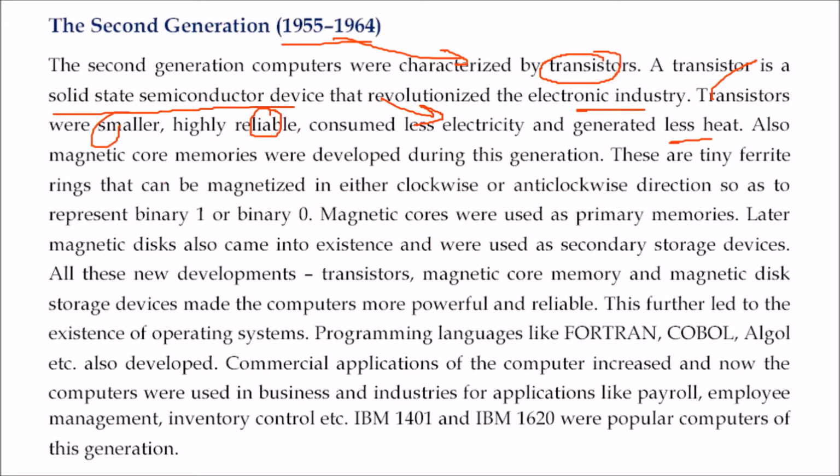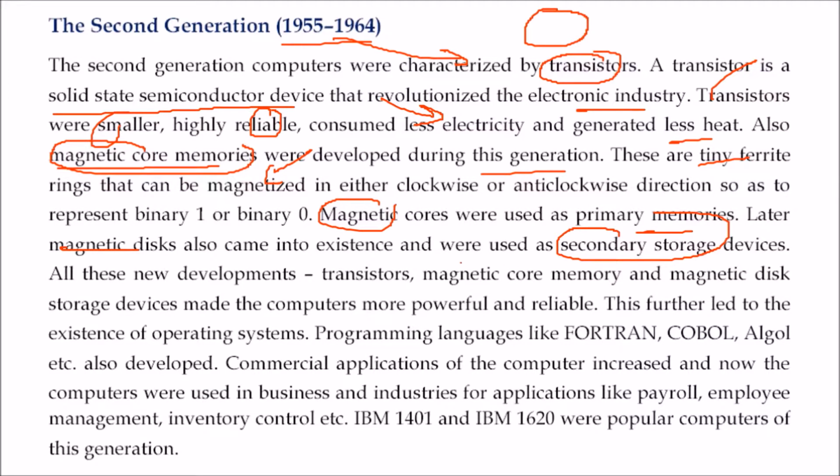Also, magnetic core memories were developed during this generation. These magnetic core memories were tiny ferrite rings, which can be magnetized in either clockwise or anti-clockwise direction, and binary 1 and 0 can be stored here. These magnetic cores were the primary memories. Then the magnetic disk came into existence and was called a secondary storage device.